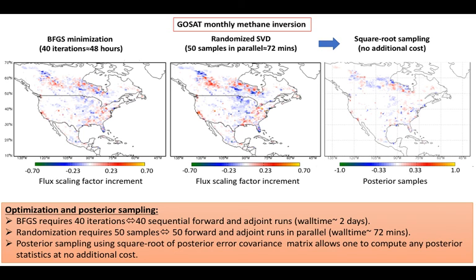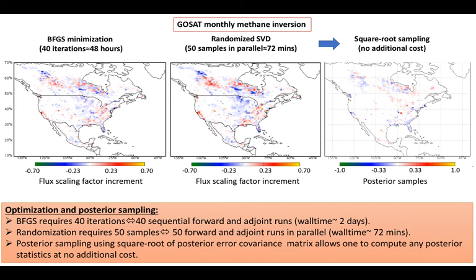Now, as I said, it's much more efficient than the iterative method to minimize the cost function. I'm showing an example for methane inversion here. On the left, the BFGS minimization using 4 iterations, which took 2 days roughly.